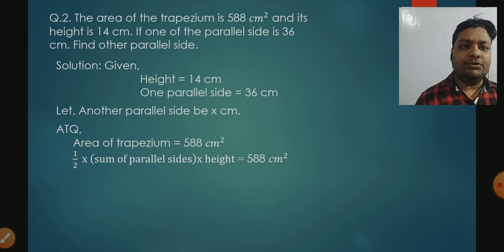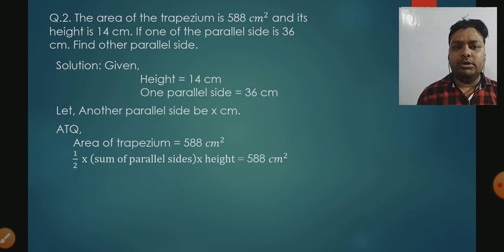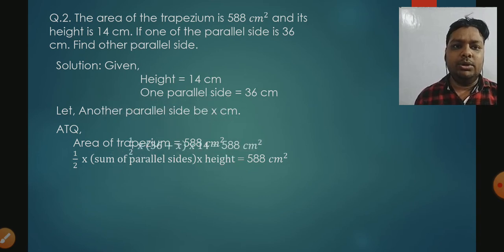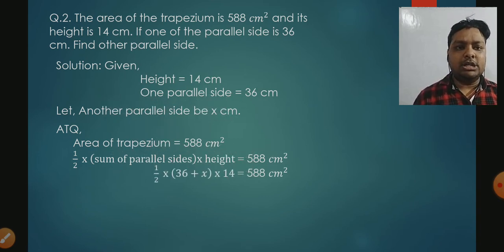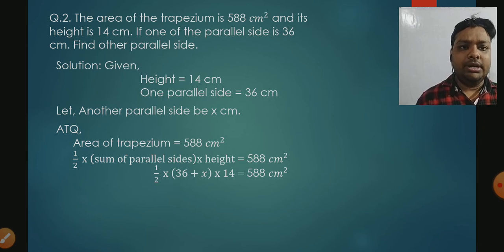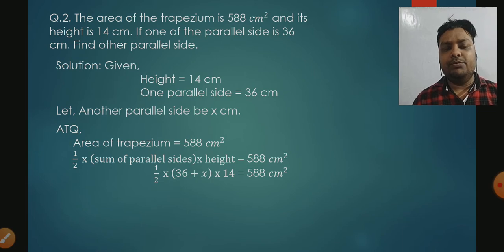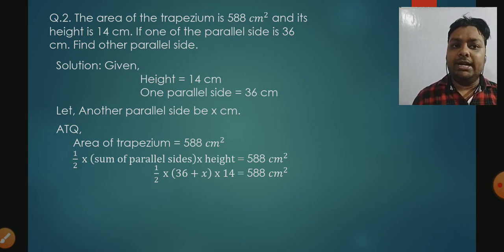and in RHS we will write the value of the area of the trapezium. Now we will put all the values. We know that the parallel sides are, first side is 36 centimeter and the second we have already assumed. So we can write 1 by 2 into bracket 36 plus x into the height 14 is equal to 588. If you divide 14 by 2, then you will get 7.